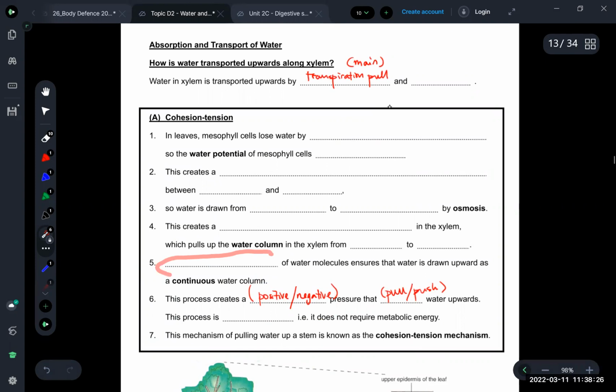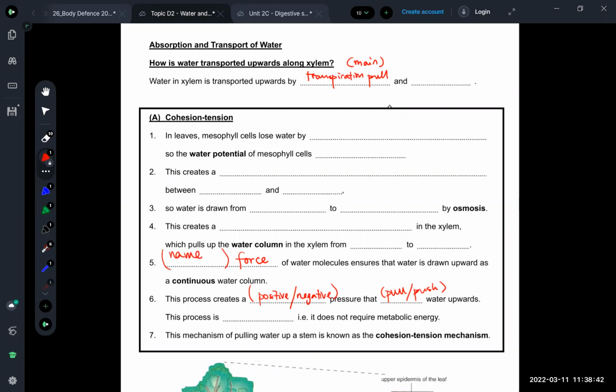Here, remember there's a name for that attraction force. So don't write the words attraction force. There is a name for that force. And this would be one of the most important stories in this chapter and is always being tested in essays.